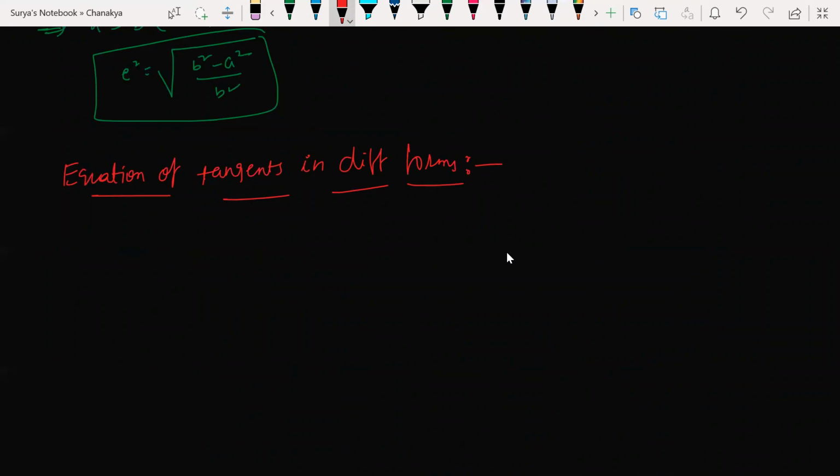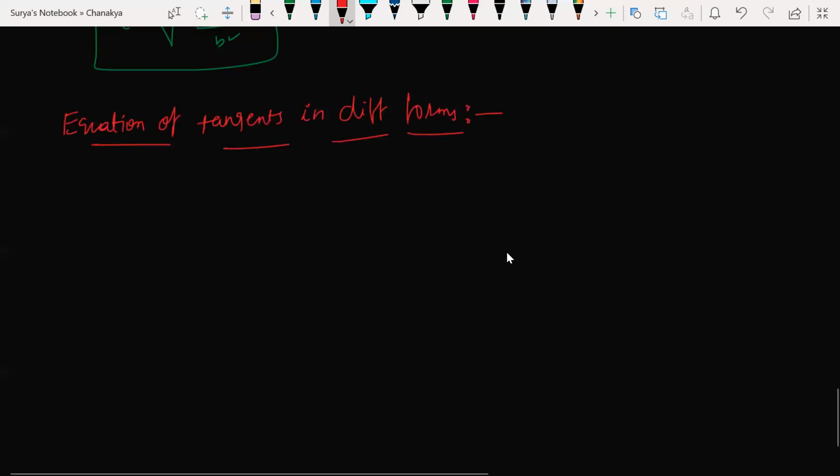Guys, first let me write the formulas, then I'll tell you how can we derive that. Okay, as we did in parabola, हमने जिस तरीके से डिराइव किए थे पैराबोला में, in a similar way you have to derive here as well. Look at this. The first, in point form.